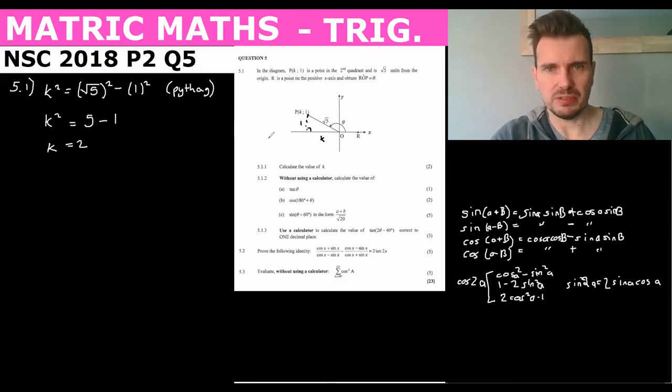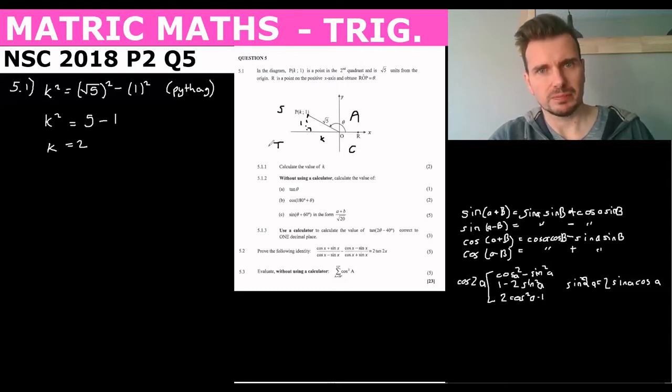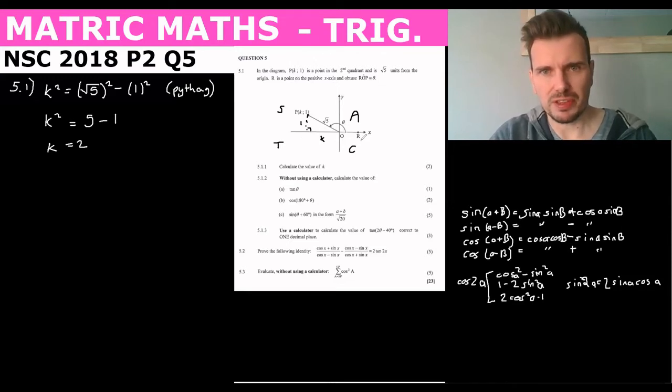Okay. So that's the first question. Now, this is obviously in different quadrants. So this is kind of like your CAST diagram. So cos is positive, everything positive, sine positive, tan positive. Okay, so we can just think of our theta then as over here. I'll do it in pink.